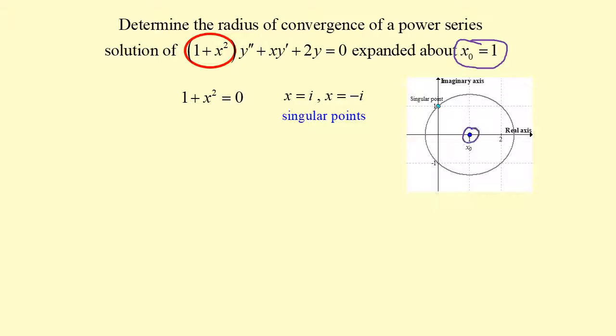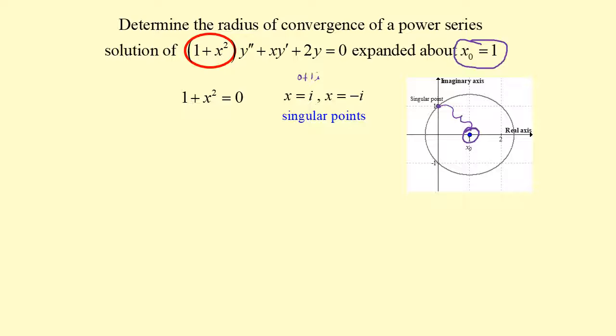Here is the point we're expanding about. The point x equals i, which is 0 plus 1i, would be this point. So we need to know this distance.